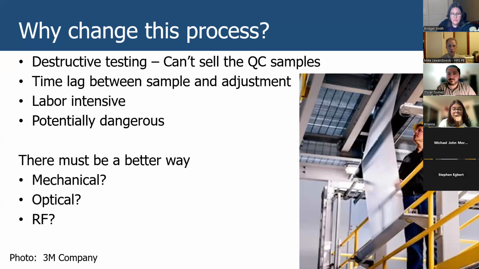And those things work really well unless the material you're trying to measure either reflects or absorbs the radio frequency radiation. So anything with a metallic content or a water content is unsuitable for using radio frequency measurements.